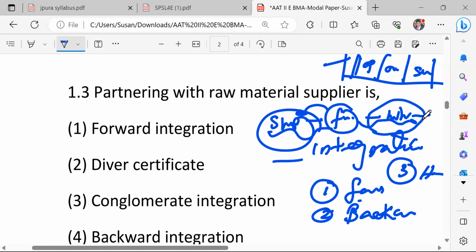For example, if the firm integrates with a wholesaler or retailer, that is known as forward integration. As an example, think of a bakery manufacturer, Pure & Sons.